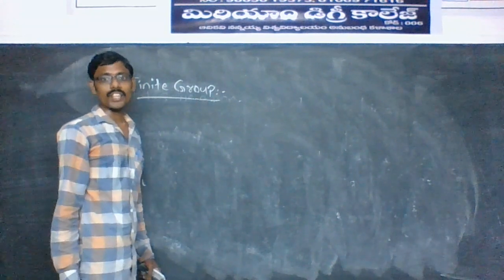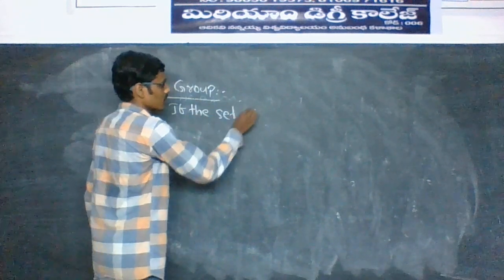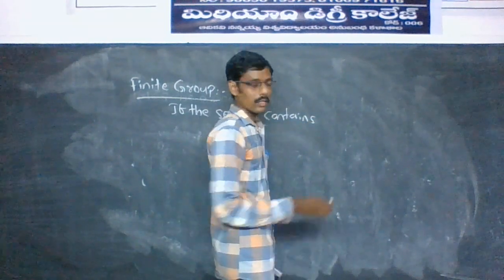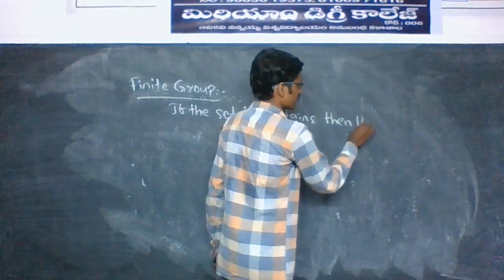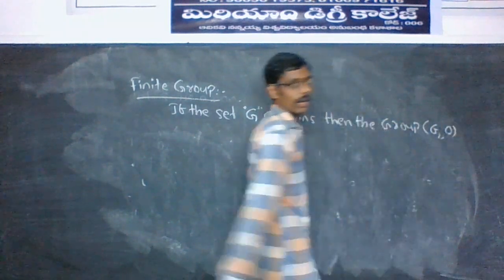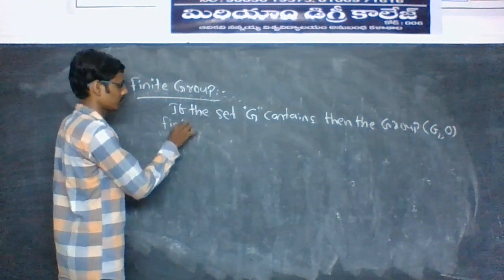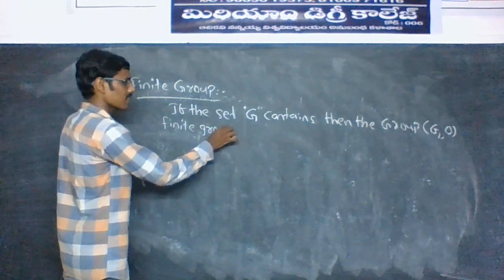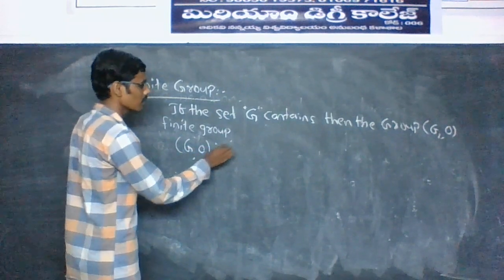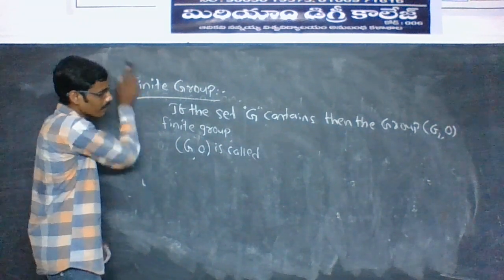If the set G contains a finite number of elements, then the group G, circle is called a finite group. Otherwise, G, circle is called an infinite group. These are the finite and infinite groups.